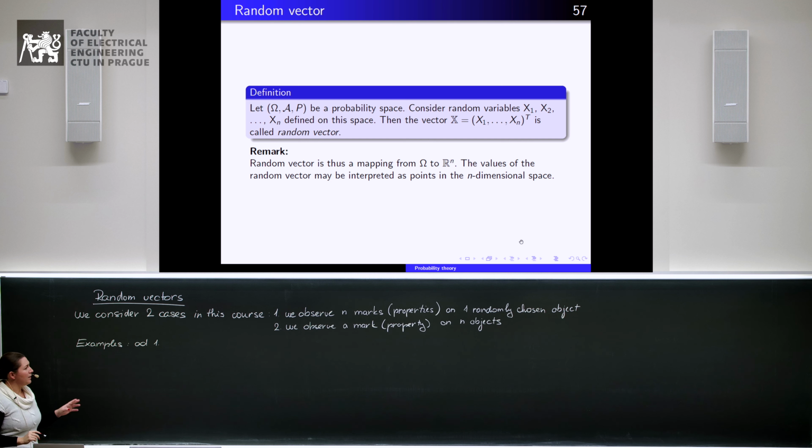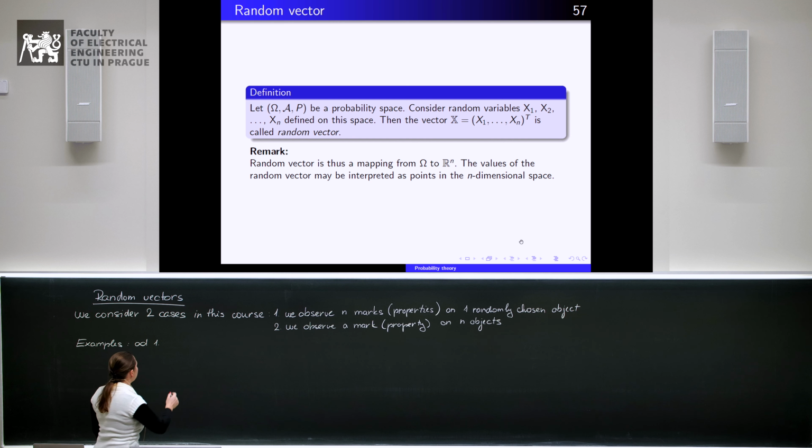When we observe n marks or properties, or we can call it by many other names, on one object, it can be, for example, the situation when you come to the bank and ask for a credit, and then the bank asks you some questions.